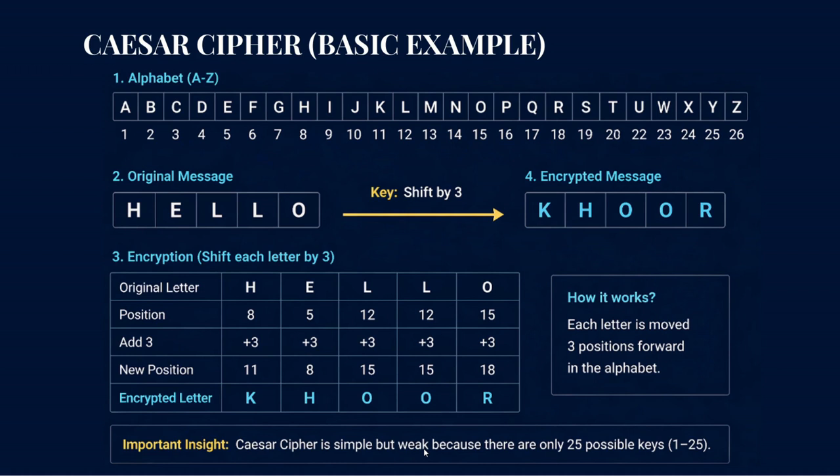But here is the important insight: modern cryptography works on the same idea, but instead of shifting letters, it uses extremely complex mathematical operations. Instead of 25 possibilities, there are millions and trillions of combinations.